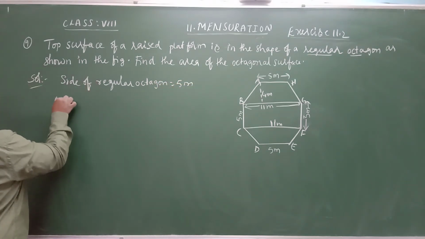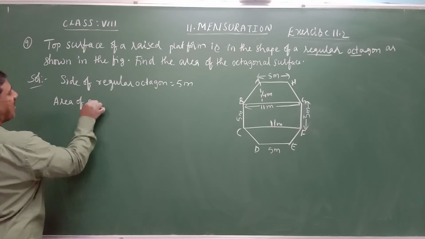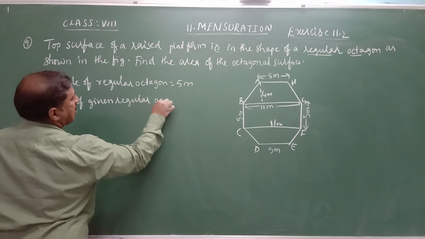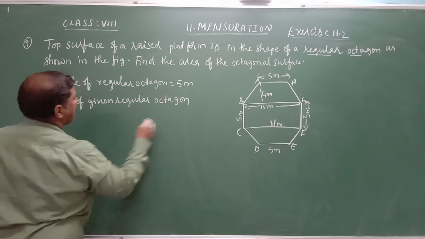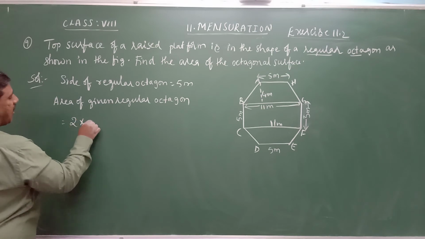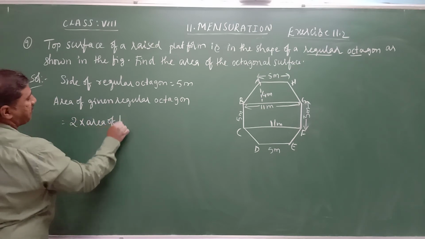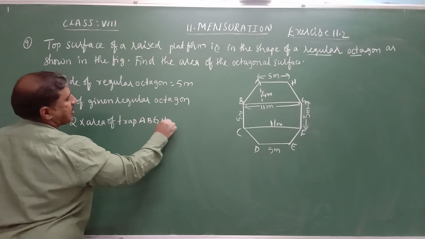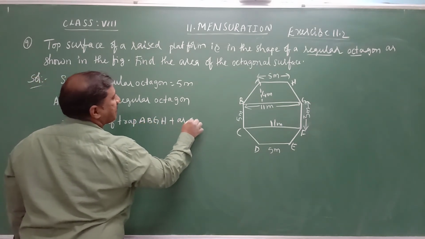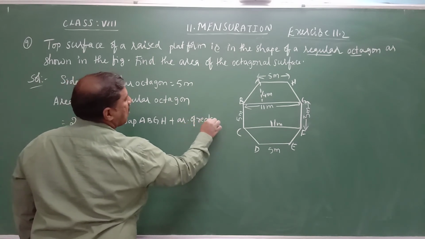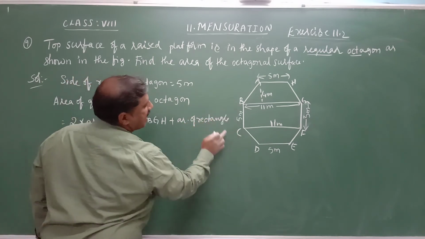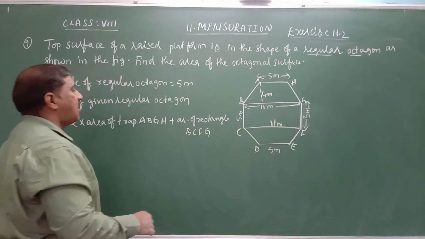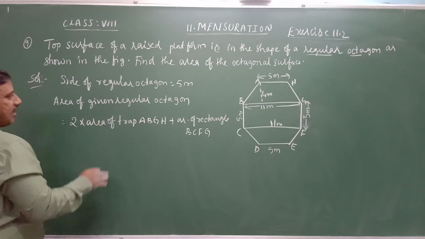Now area of the given regular octagon is equal to 2 into area of trapezium ABGH plus area of rectangle BCFG. Now find for this trapezium ABGH.